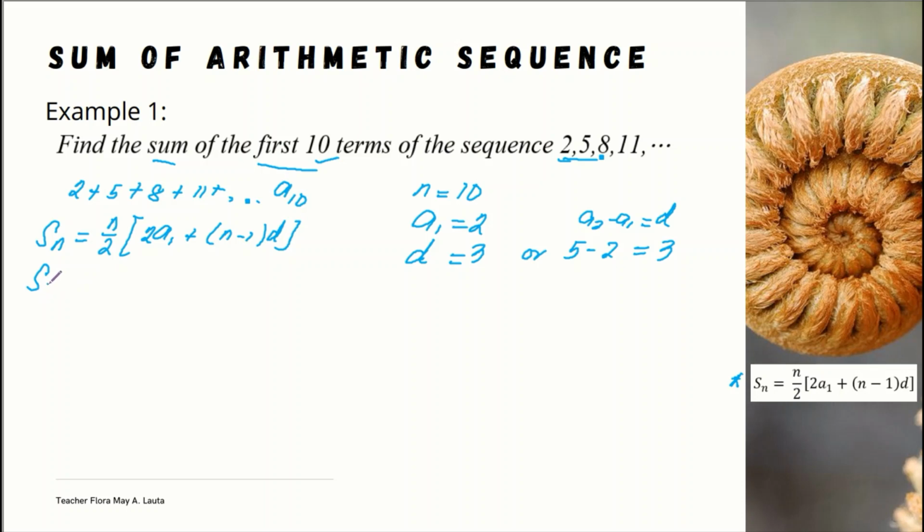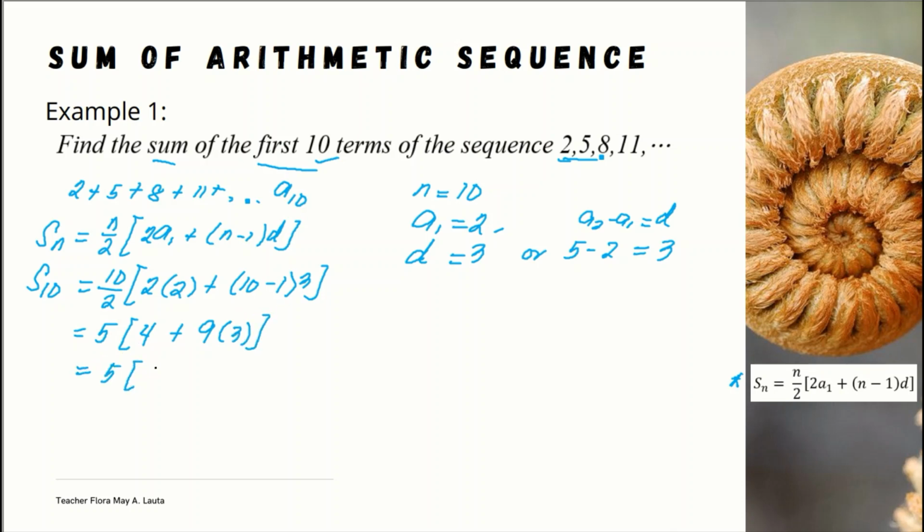Okay, now let's solve. S sub 10 is equal to 10 divided by 2 times the quantity 2 times a sub 1, which is 2, plus n, which is 10 minus 1, times d, which is 3. So 10 divided by 2 is 5, 2 times 2 is 4, plus 9 times 3 is 27.